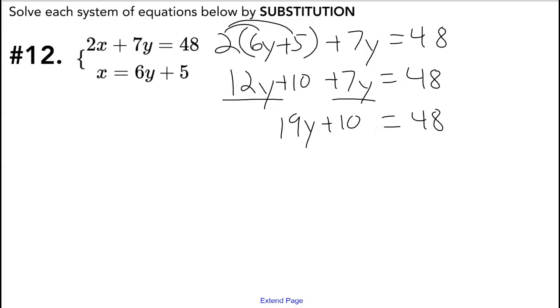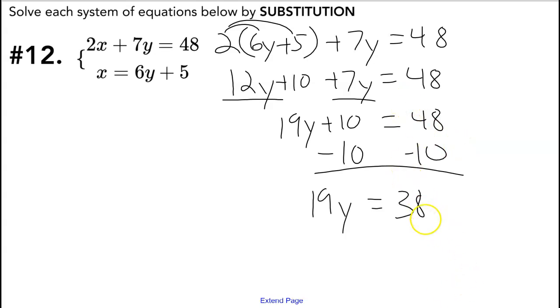Is equal to 48. Now I'm going to do the opposite of add 10 to solve for y and subtract 10 on both sides. And 48 minus 10 is going to get me 38.